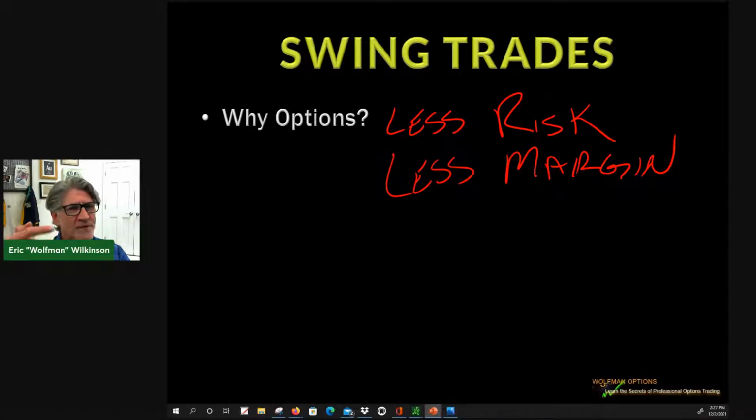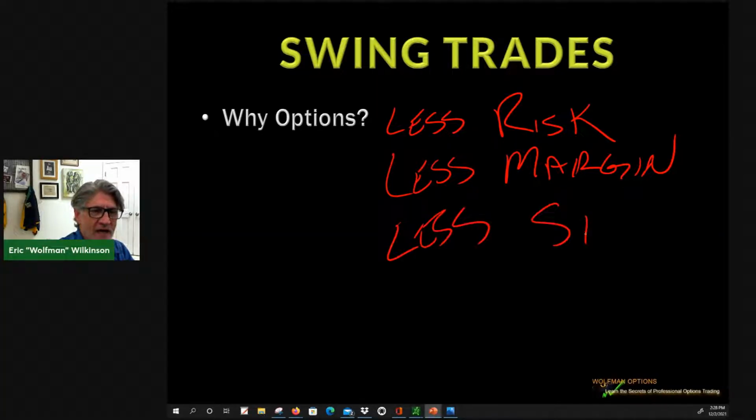Well, with options, I show how you can use options in lieu of even the straight stock, ETF, or future. We build it so it acts exactly like it. And even still, the options margin is less than trading on a margin account. So much less margin. And what's the other one? You're going to be less stressed.